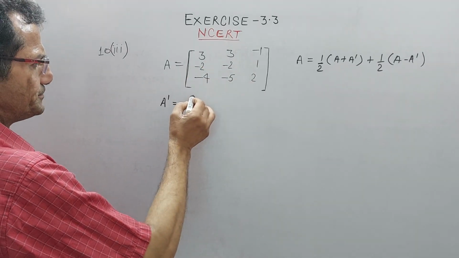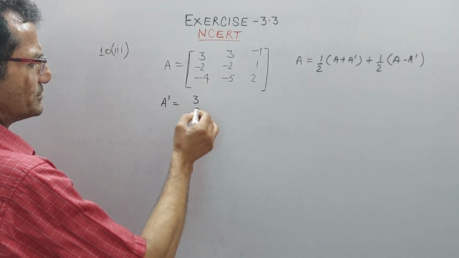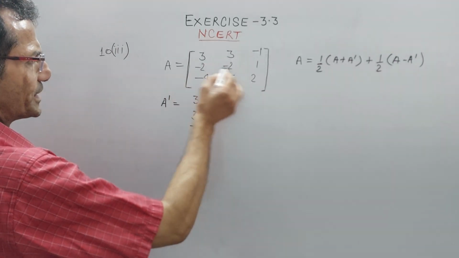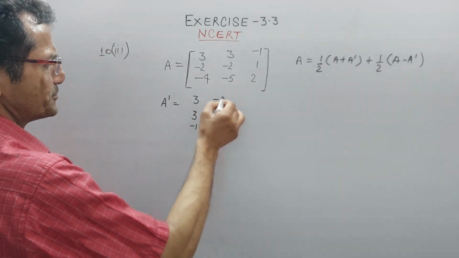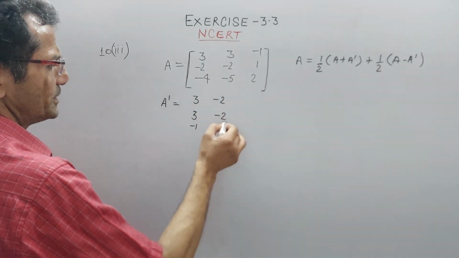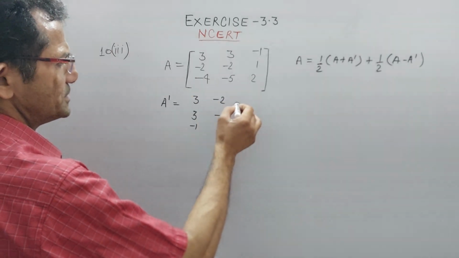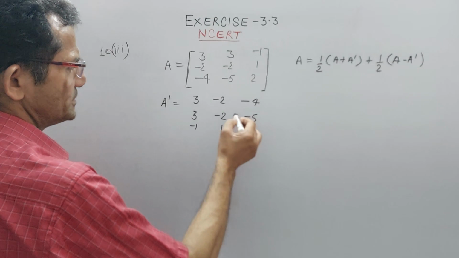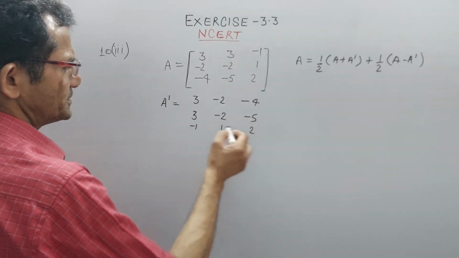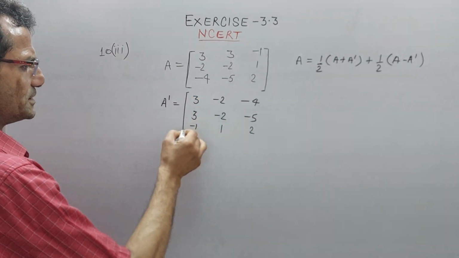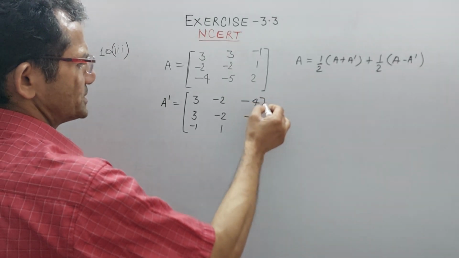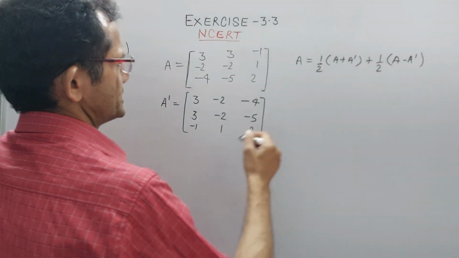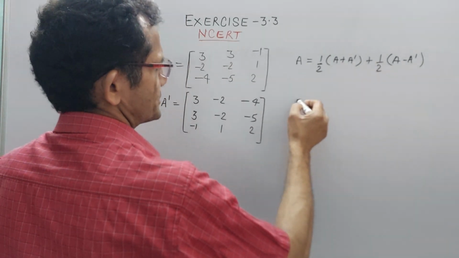The first row becomes 3, 3, minus 1, which is the first column, and the second row is minus 2, 1, and minus 2, and the third row is minus 4, minus 5 and 2. We close it in the square bracket. Now first we find A plus A transpose, the sum of these.